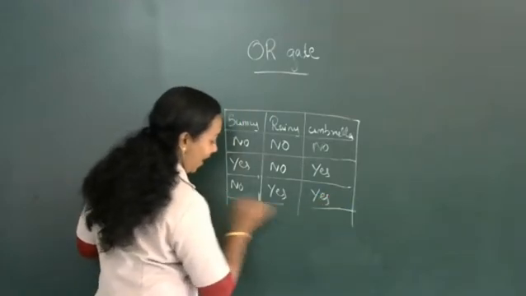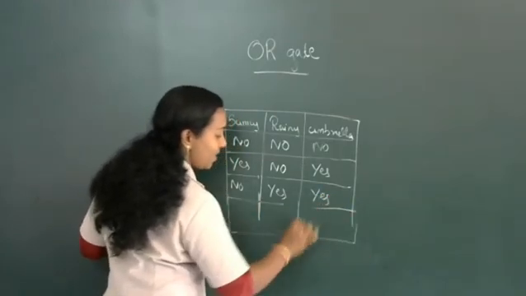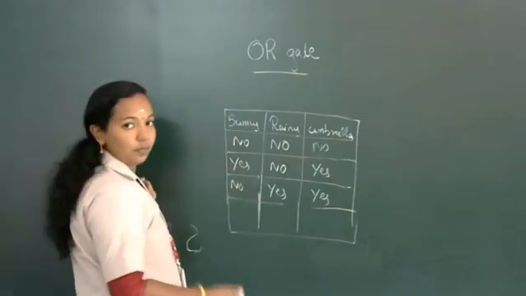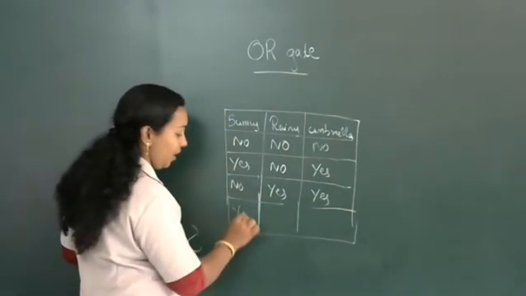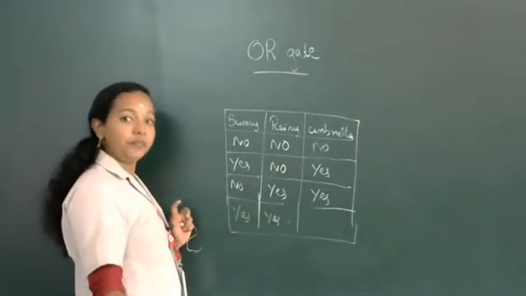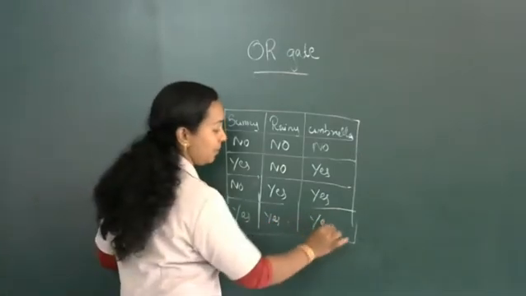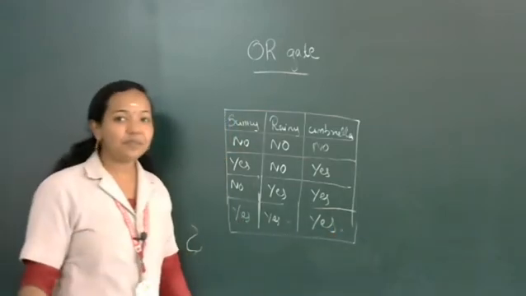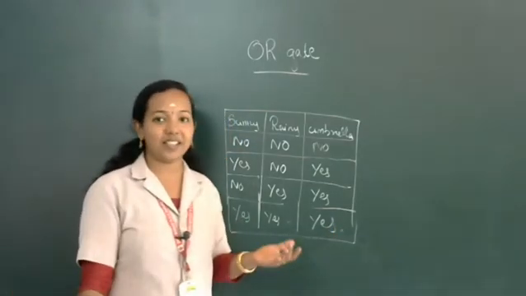Last case, both conditions are true: rain is there and sunshine also is there. Should you take an umbrella? Yes, definitely. So this is a real life example.